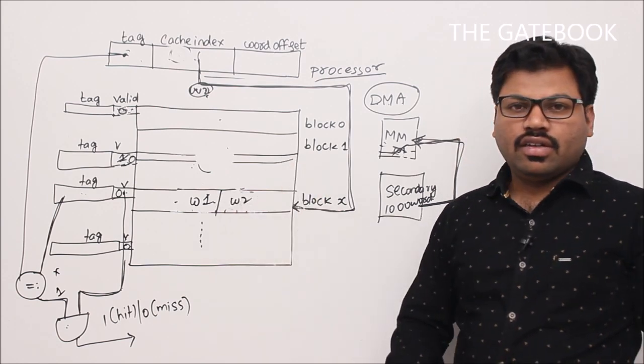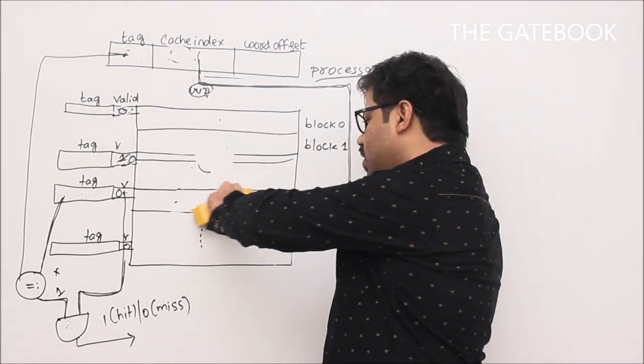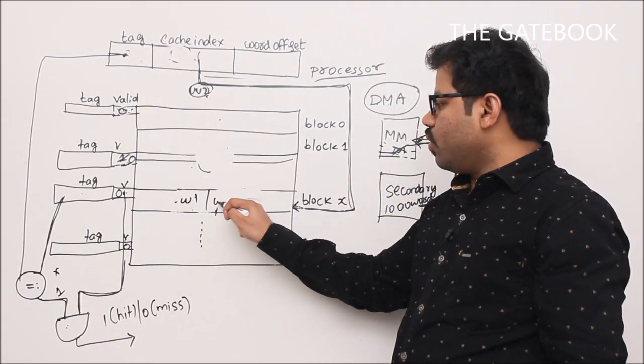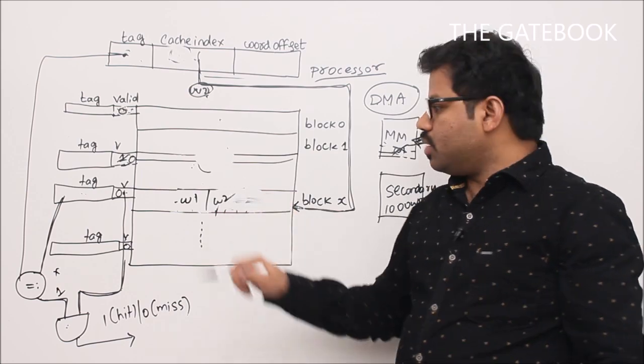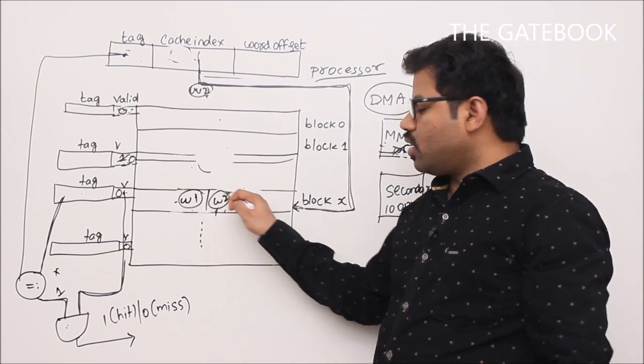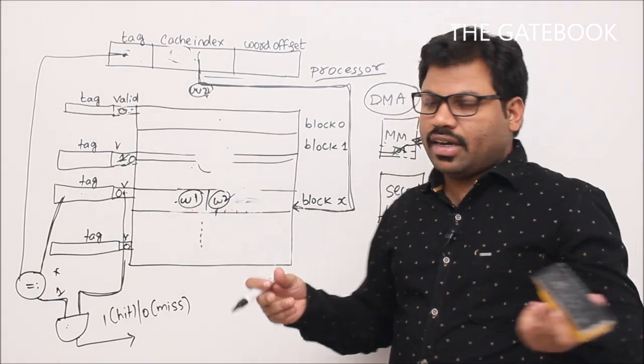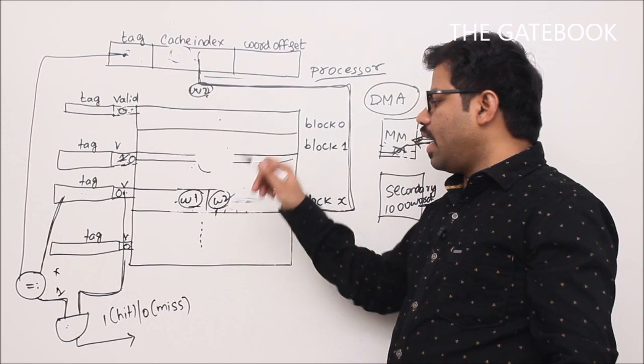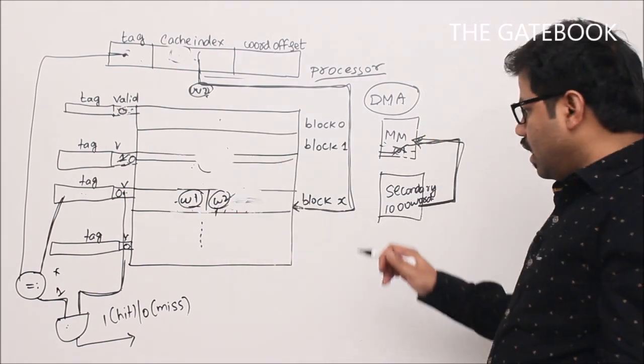Understand? That means these two are competitors. We have a block. In the block, either you can keep word 1 or word 2, not both at a time, because maybe word 1 and word 2 belong to two different blocks of main memory, and they are supposed to be mapped to this cache block. Okay, now we will see clearly.